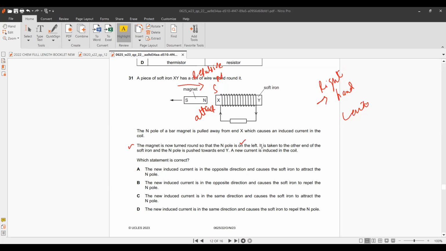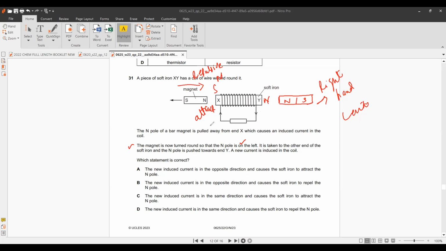Now, in the question, they have mentioned that the magnet is now turned so that the end pole is on the right. It is taken to the other end of the soft iron and is pushed towards end Y, which means now we have a north pole and south pole right here. So, in order to have a repulsion, there must be a north pole here.